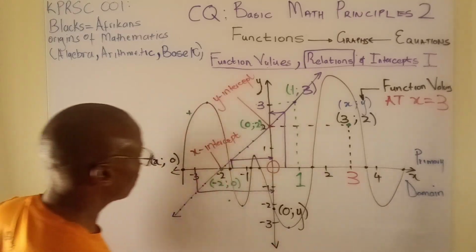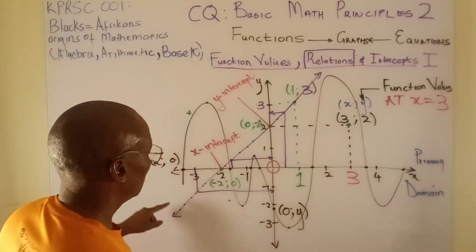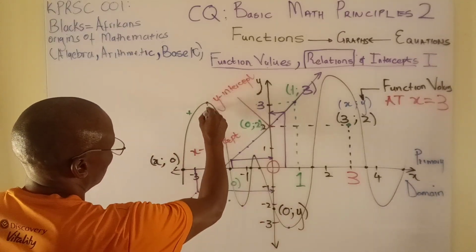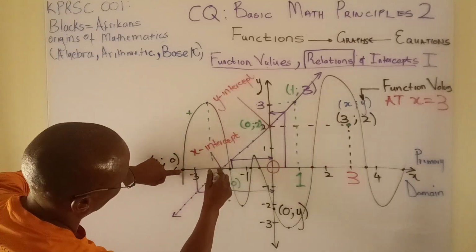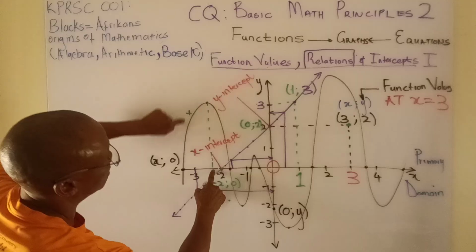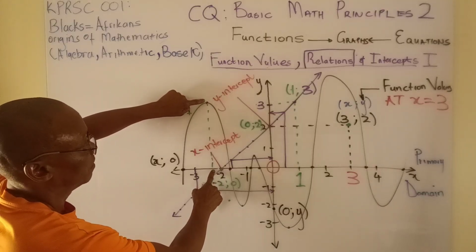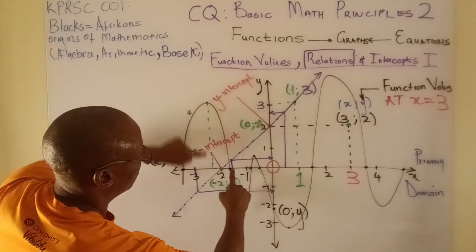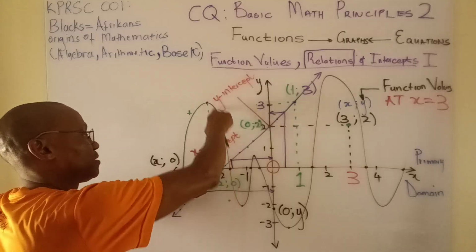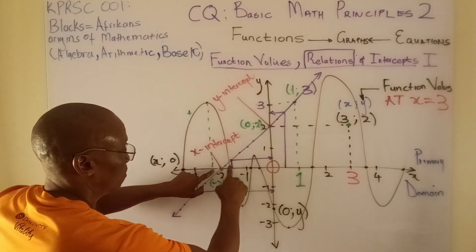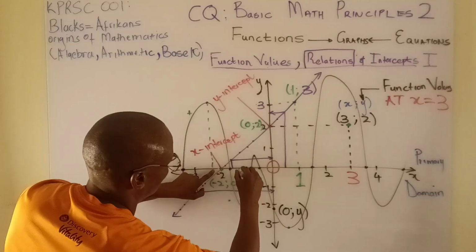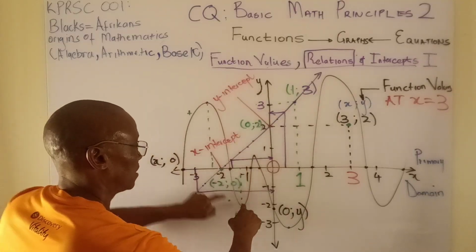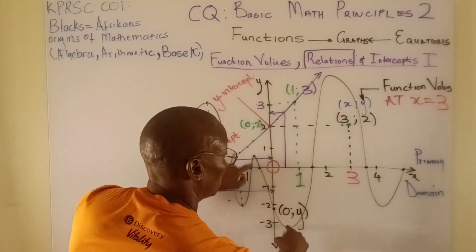We say, as I go from left to right, between these two values of x, it's increasing. As I continue to the right, between these values of x, it's decreasing. Or, up to here, it's decreasing. And then it starts to increase.